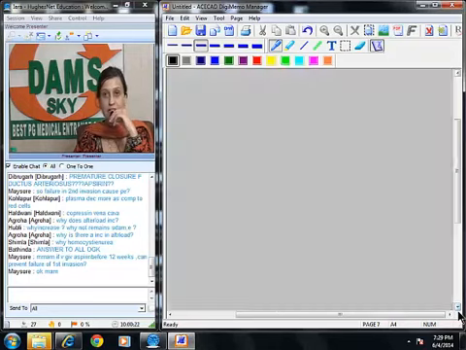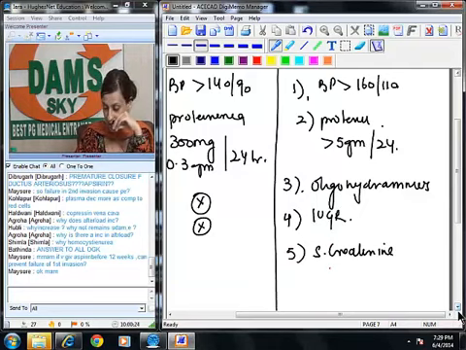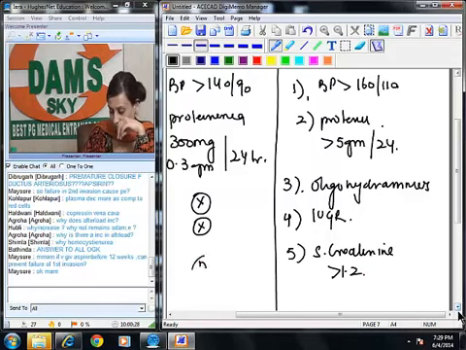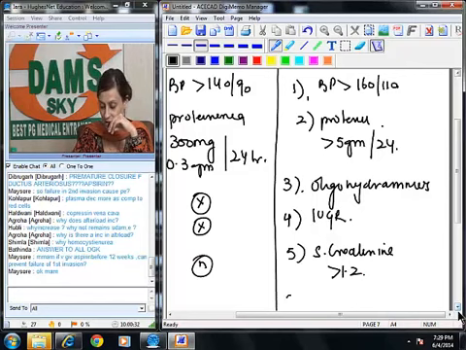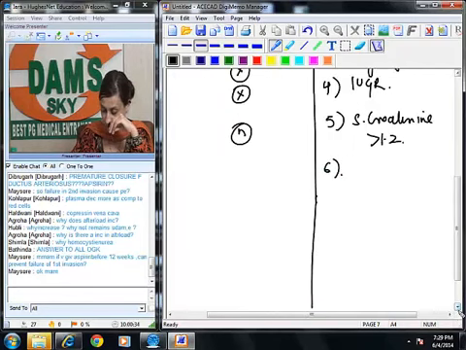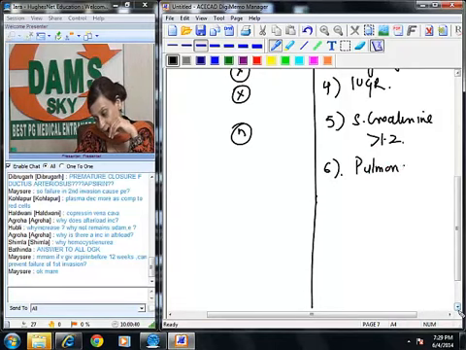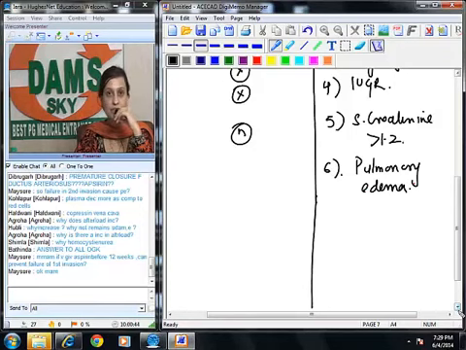The serum creatinine levels in severe preeclampsia are raised and are more than 1.2, whereas they would be normal in mild preeclampsia. The patients with severe preeclampsia have a higher tendency to develop pulmonary edema, which is not seen in mild preeclampsia.